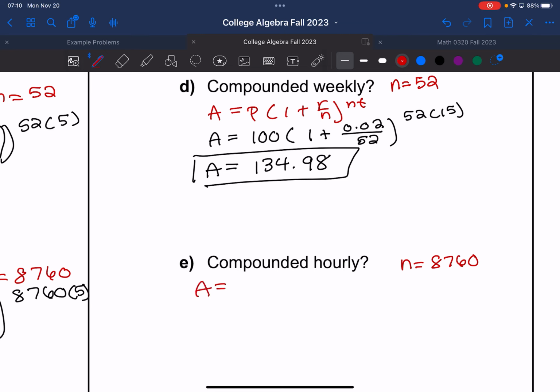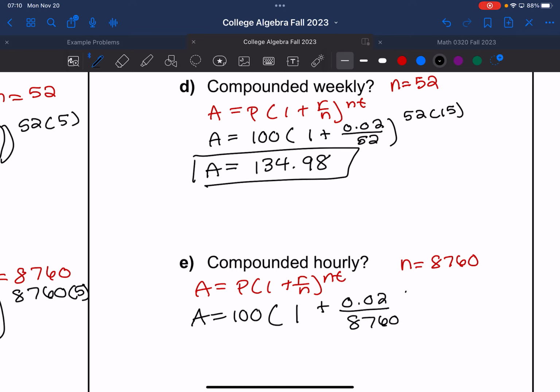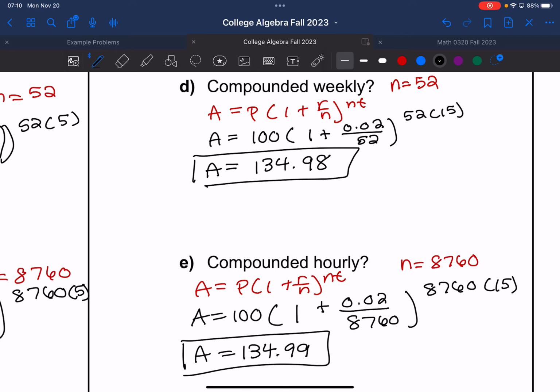So plugging that into our formula, we have A is equal to 100 times 1 plus 0.02 divided by 8,760 to the power of 8,760 times 15. Only changed out that N value. Plugging it in, I get 134.99. So that made us an extra penny.